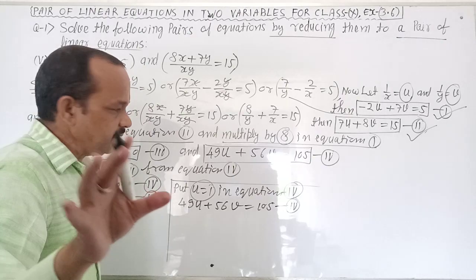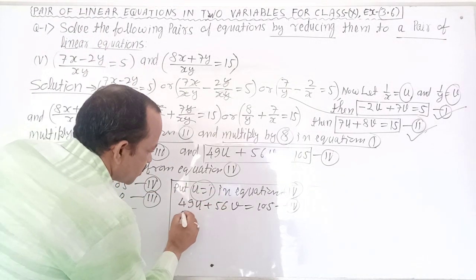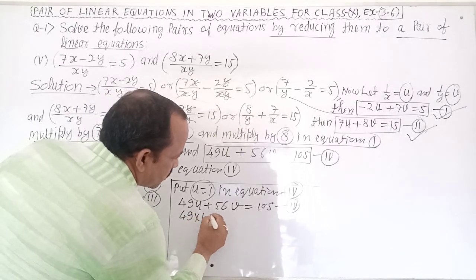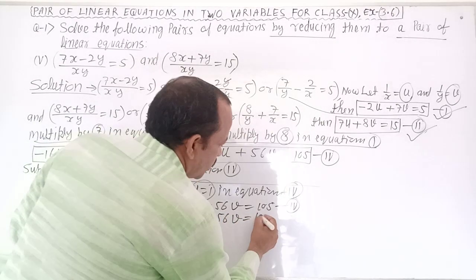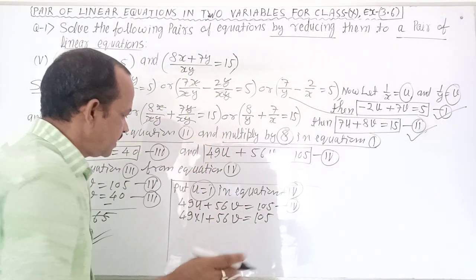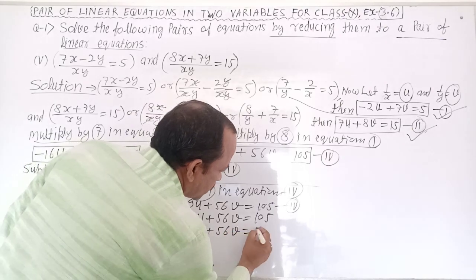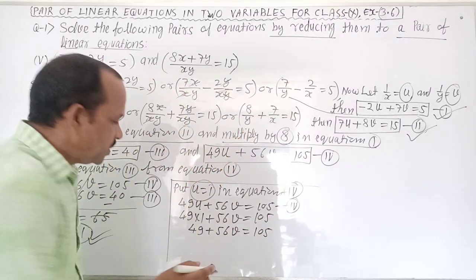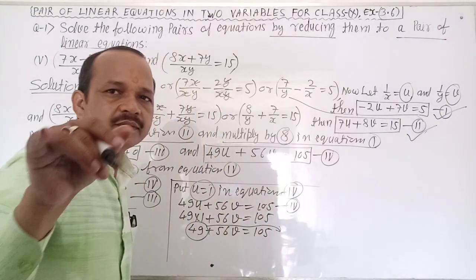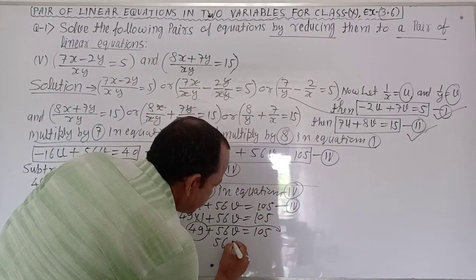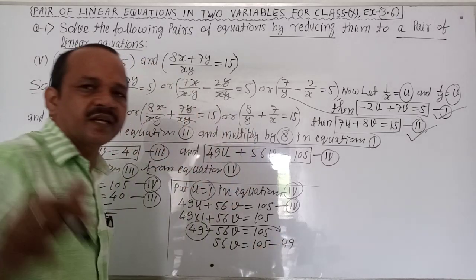Put u equal to 1: 49 multiply 1 plus 56v equal to 105. It becomes 49 plus 56v equal to 105. You can write 49 on the right side of equal, it becomes 56v equal to 105 minus 49.